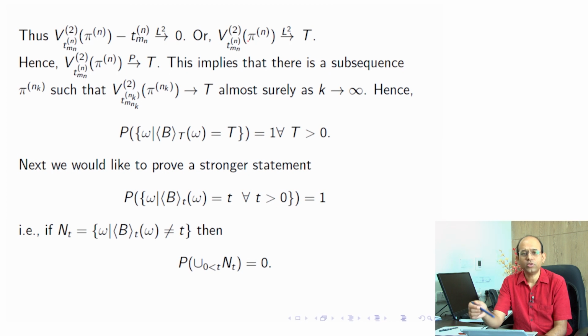Okay, so L2 convergence gives convergence in probability. That means this sequence of random variables converges to capital T in probability.